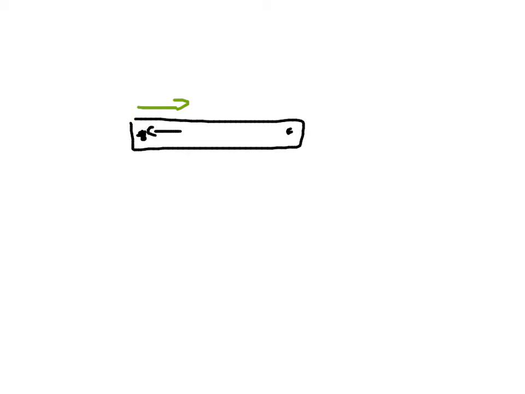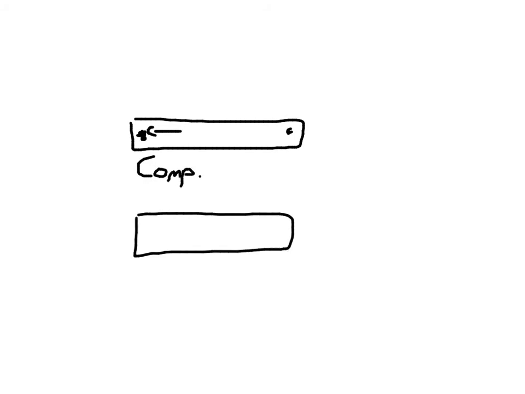So in this instance, where you've got it pushing on the joint, we call that compression. And in the other instance, where you've got the force from the joint pulling away, then we call that tension.